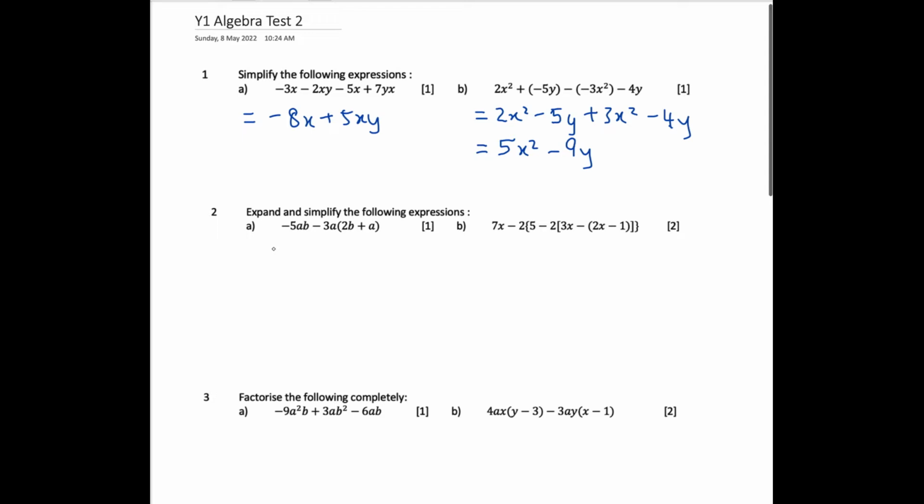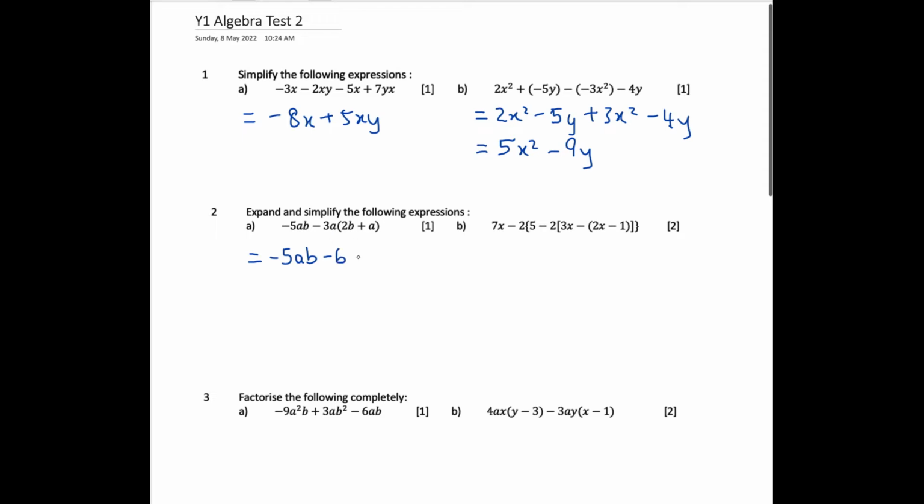Now we have to expand and simplify the following expressions. This is the use of the distributive law. So once again, when we multiply in, we have to change the sign. We only multiply the term that is in front of the brackets. So we have minus 3 times 2, minus 6.